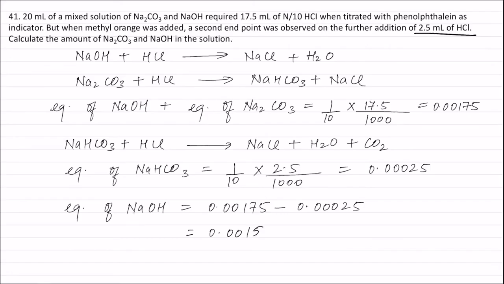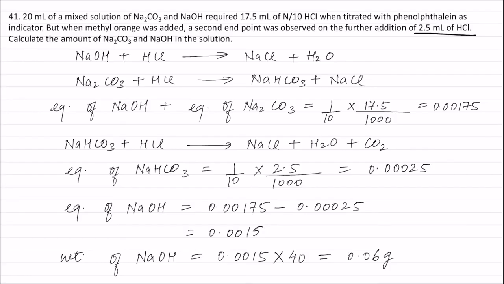Therefore, equivalents of NaOH is 0.0015 equivalents. From this, weight of NaOH is equal to equivalents of NaOH, that is 0.0015 equivalents, into equivalent weight of NaOH, that is 40, and this is equal to 0.06 grams. Therefore, weight of NaOH present is 0.06 grams.